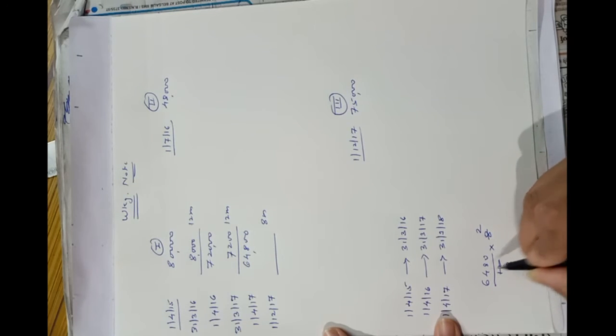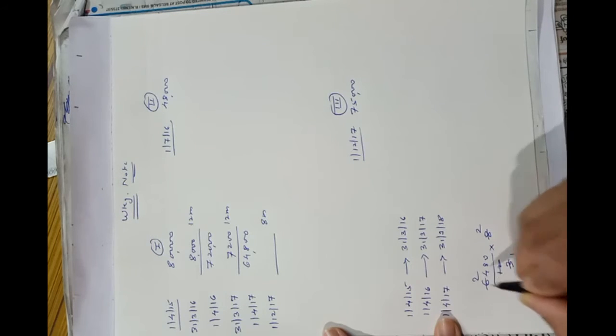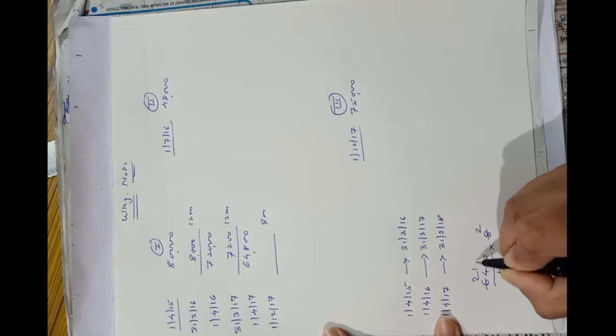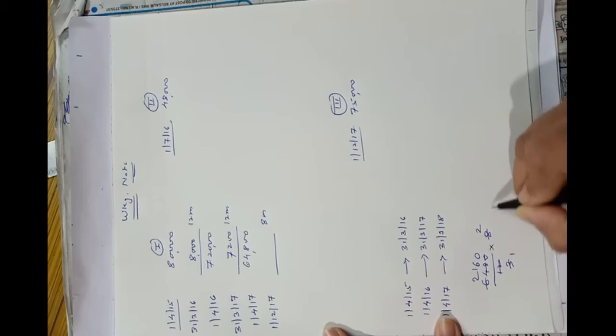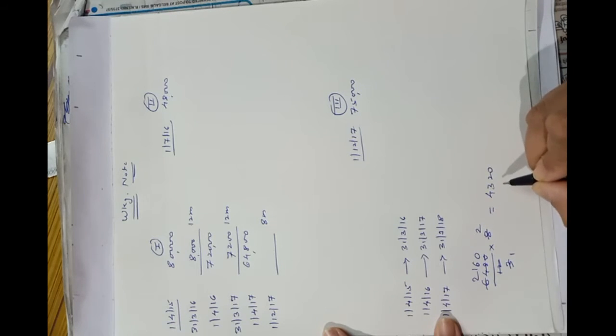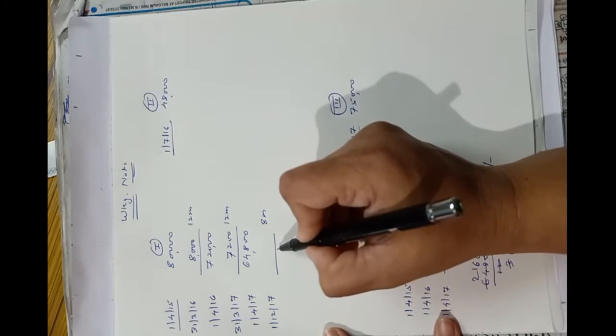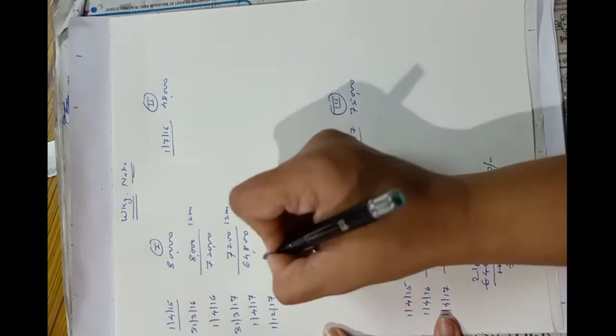Now I will divide by 3. 2,160 into 2, it will be 4,320. Correct. 4,320. So this year's depreciation for 8 months will be 4,320.